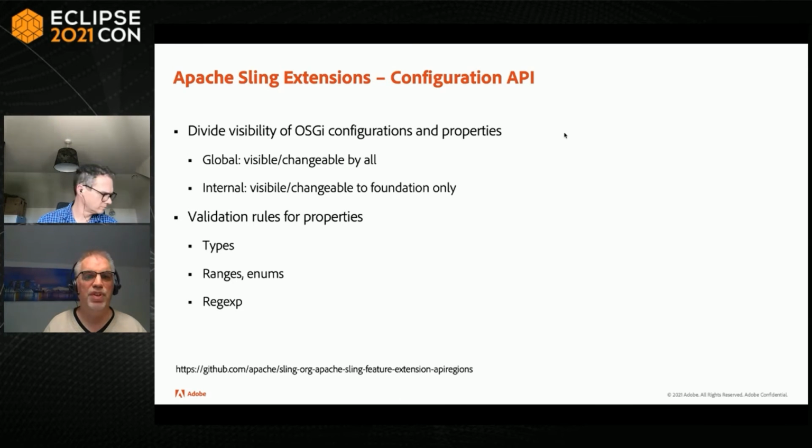And with that, we have defined a DSL for specifying those configurations, which properties can be configured, what types these properties have, additional validation rules, like you can specify ranges or enumerations, regular expressions, and all these various things. So that's very, very handy for specifying your configuration surface.